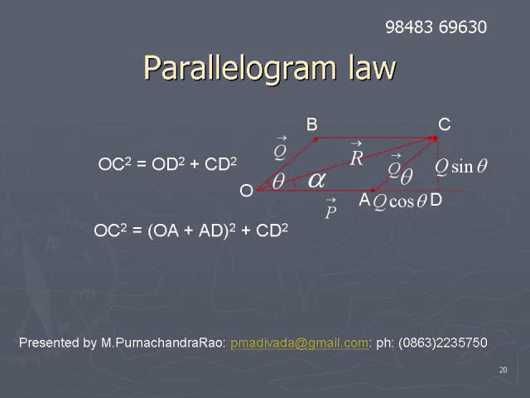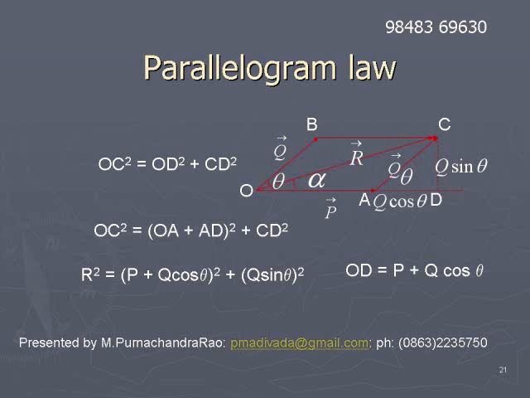This gives the magnitude of the resultant, that is OC, because OD is equal to P plus Q cos theta and CD is equal to Q sin theta.